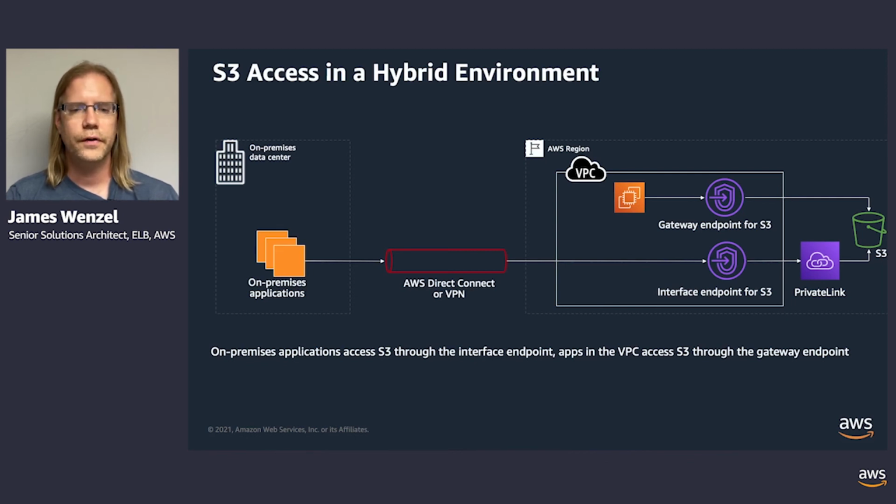You must be careful, though, that the security group on your interface endpoint allows your on-prem to actually get connectivity. And if you need any applications to take advantage of that endpoint, you need to make sure that they're pointing to the right DNS or the right IP address to gain access.